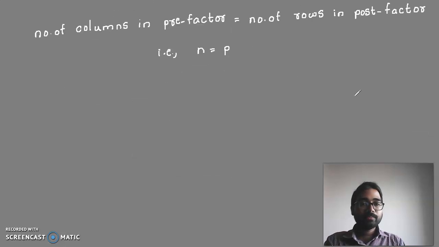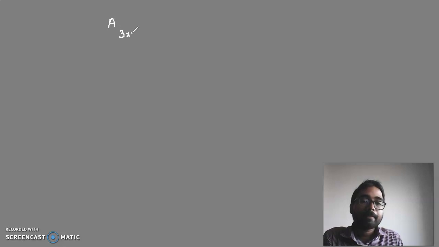So let us take an example. Let's say A is a 3 by 2 matrix. So here A has 3 rows and 2 columns, and let's say B is a 2 by 2 matrix. Now you see we can multiply A with B because the number of columns in A is equal to the number of rows in B. So let us consider an example.